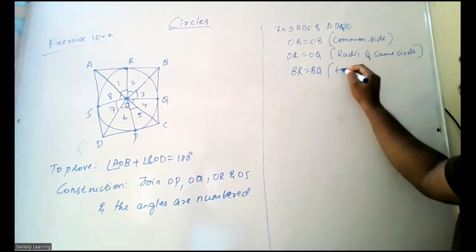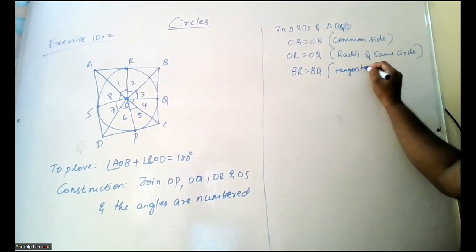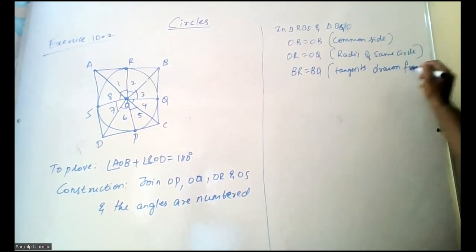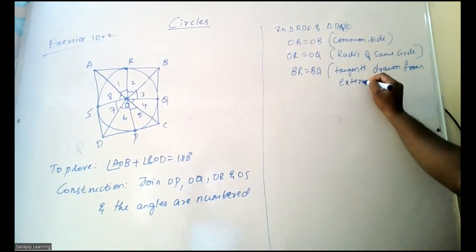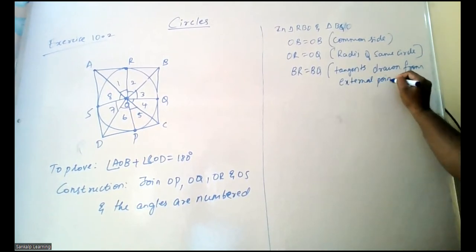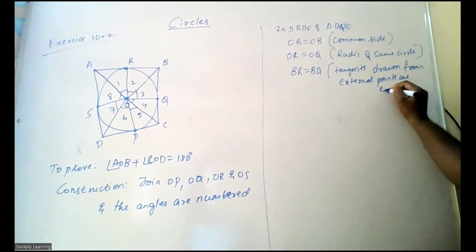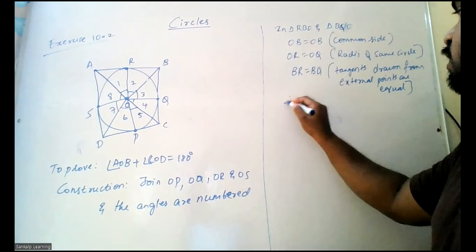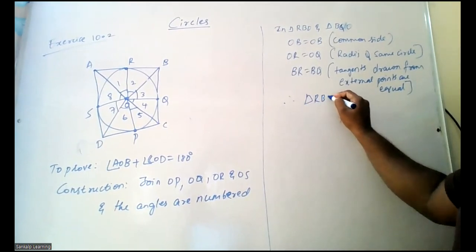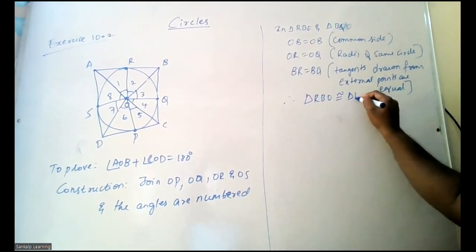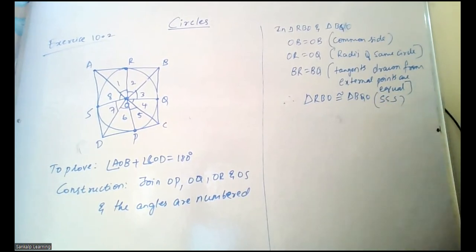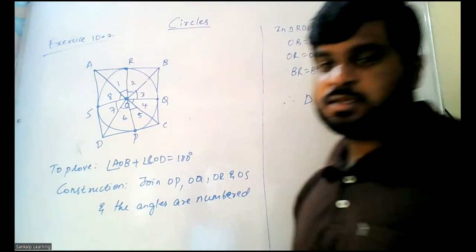Tangents drawn from external points are equal. Okay, therefore triangle RBO is congruent to triangle BQO using SSS postulate.